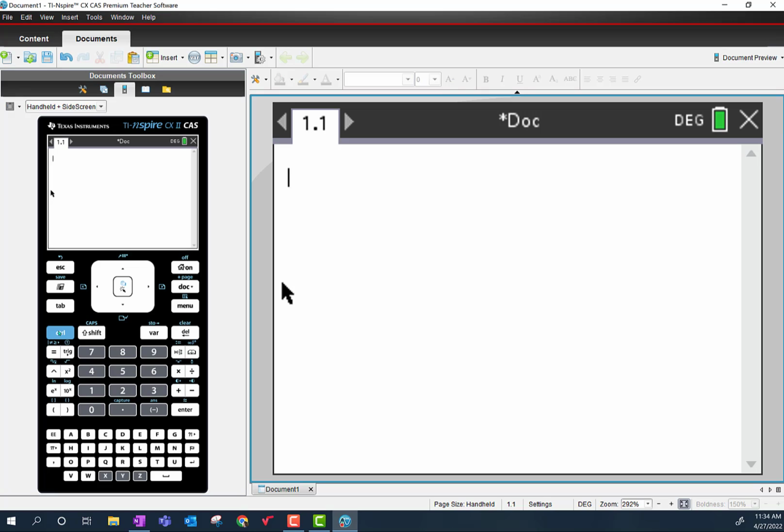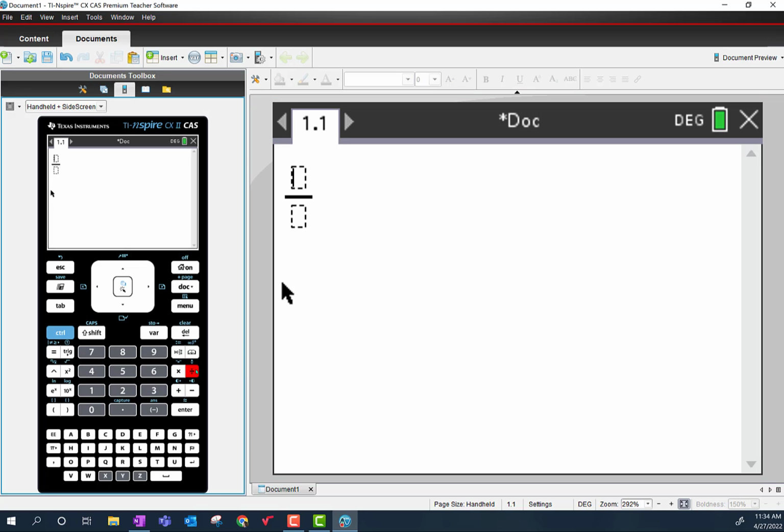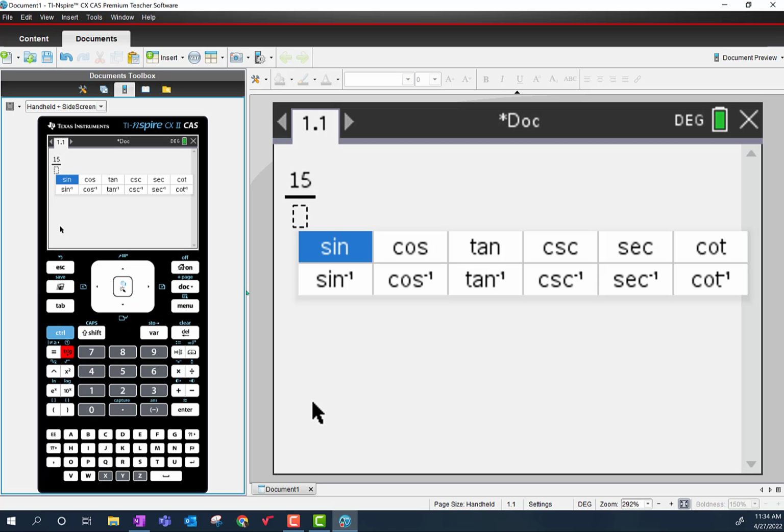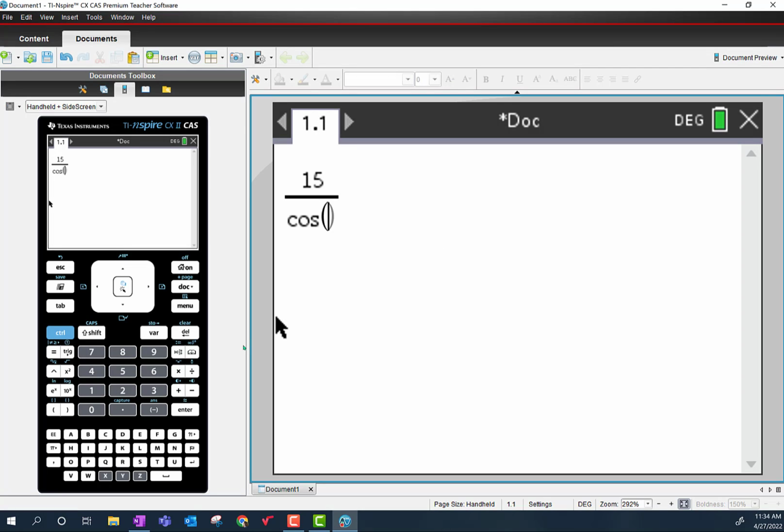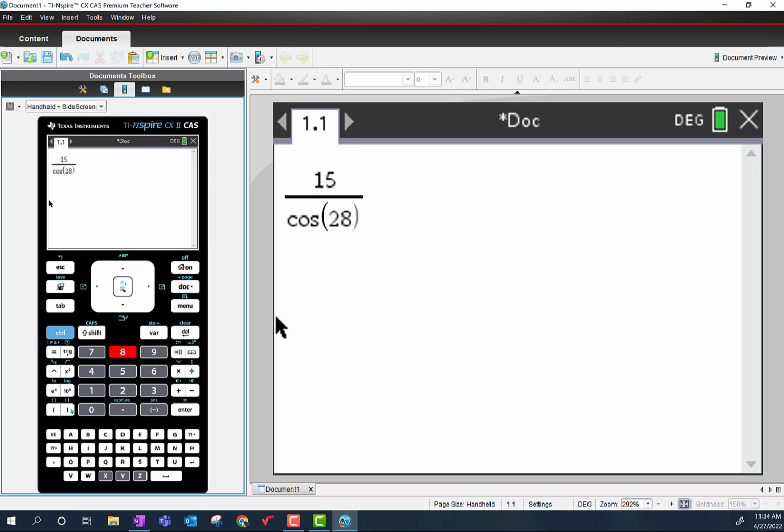You probably know how to do that. It's that blue button here, the fraction. Blue button and then the division sign. So it was 15 divided by cosine. Remember, we have to punch that trig button. Cosine of 28 degrees.